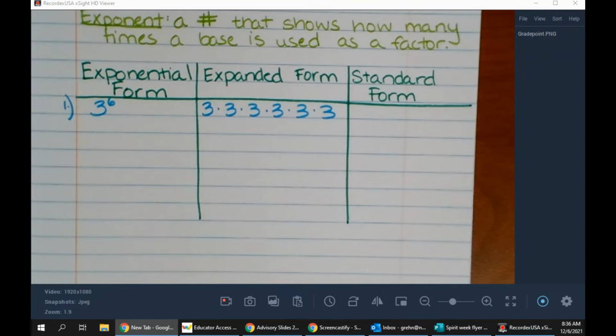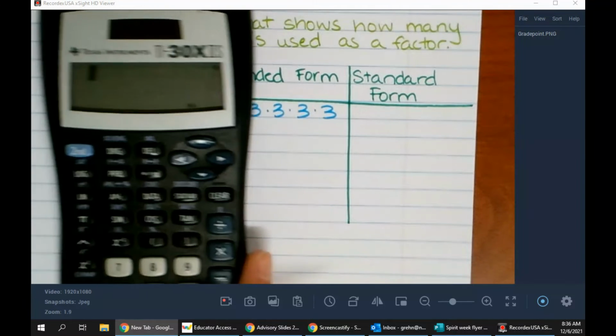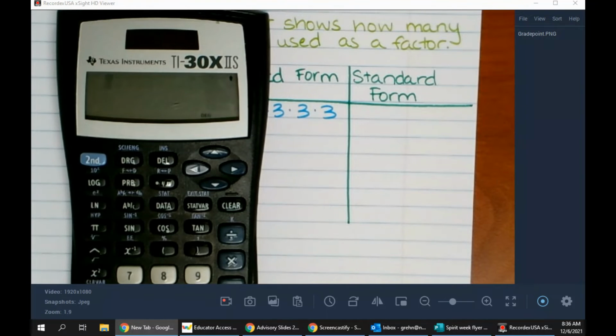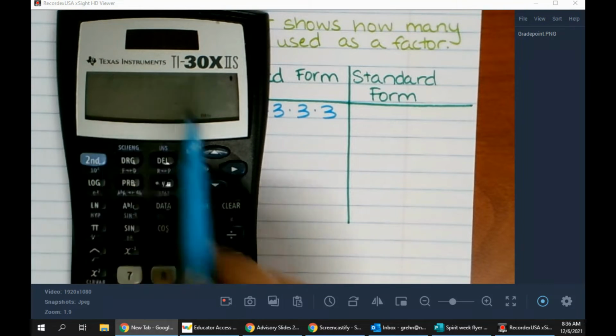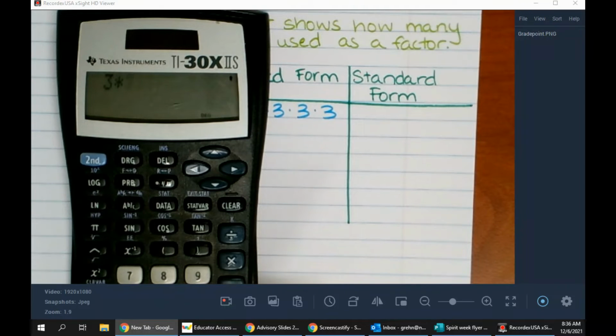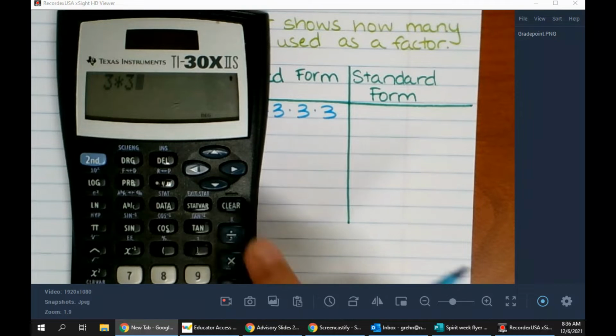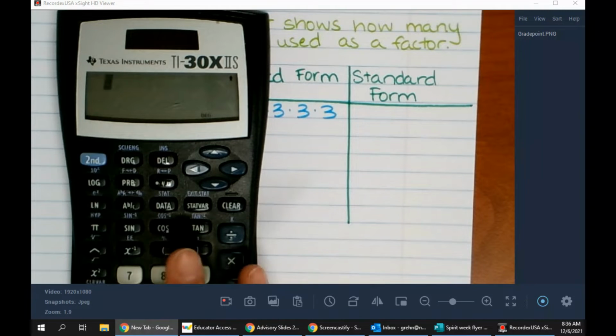Standard form is now basically the answer. We're writing it the way we normally see a number. It is okay at this point to use your calculator to figure this out if you'd like to. You just want to make sure you're typing it in the right number of times and you're typing it in correctly. Some calculators like mine will show you the problem as you type it, which is kind of nice. Others will not show you that. So you have to really keep track of how many times you type the number in.